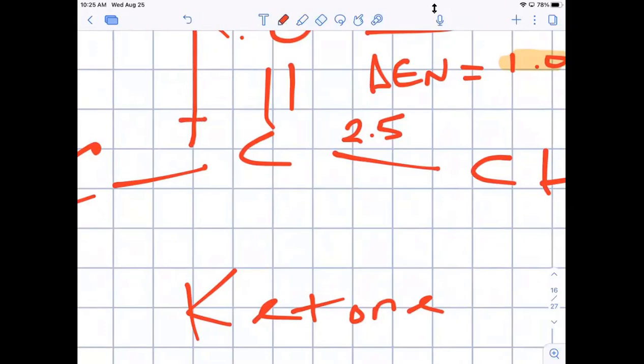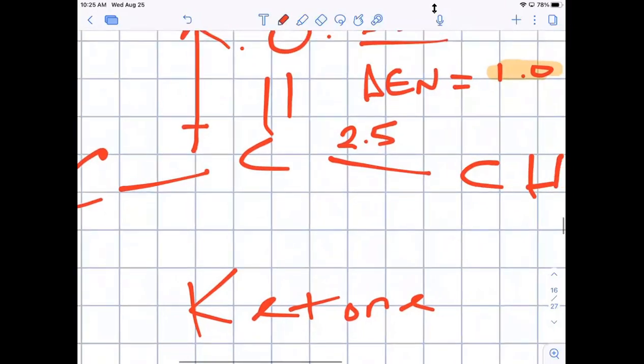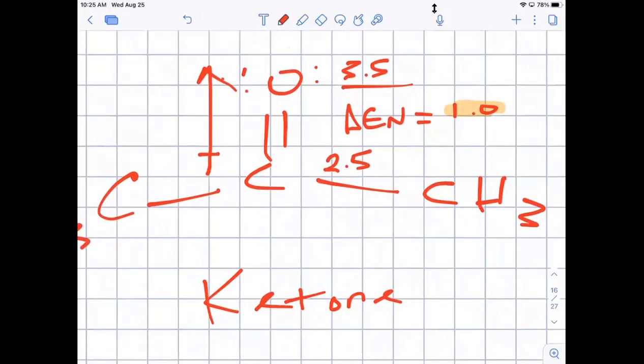So would we have to memorize the electronegativity of all the atoms? No, you'll be given the electronegativity. You just need to know how to find the difference, right? On the exam, I'll give you a periodic table with the electronegativity values. You just need to calculate the difference.